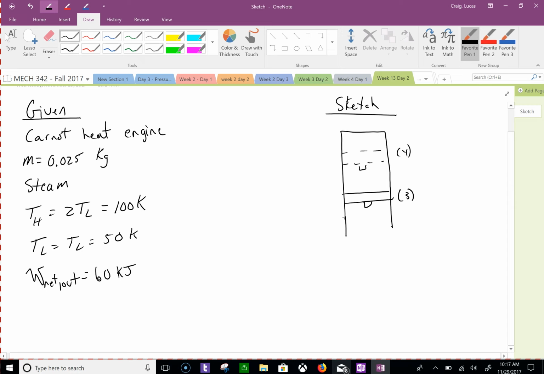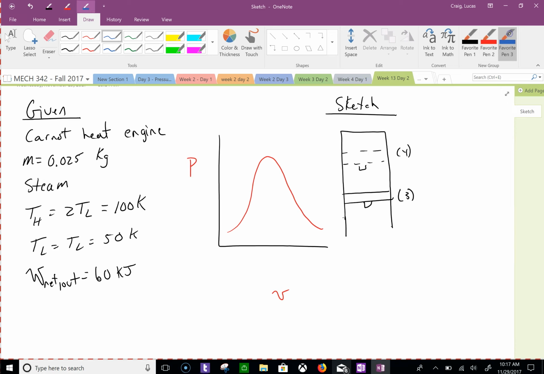So if we looked at our schematic from before, it was from 3 to 4. So this is the section we're looking at. So I'm going to do the vapor dome right here. And let's see how much you remember. Let's assume kilopascals, meters cubed per kilogram.